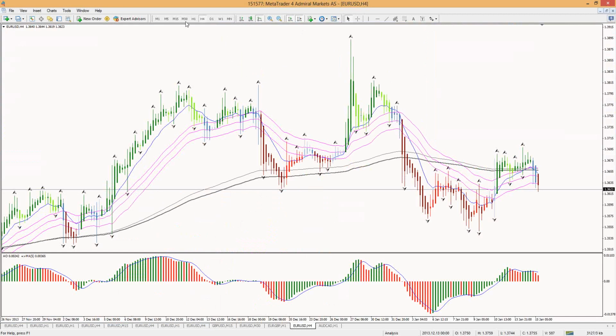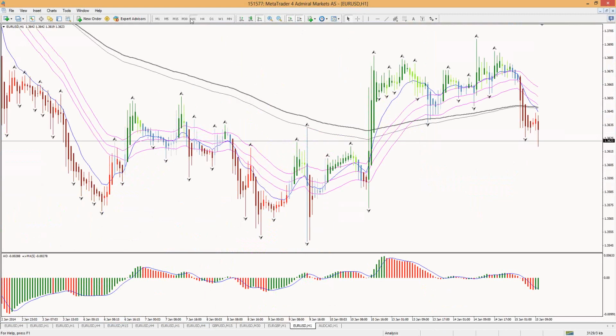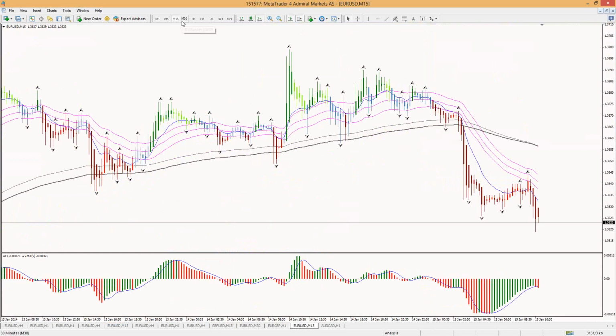Let's take a look at this template maybe. You can see your dollar has red candles there. Here too.